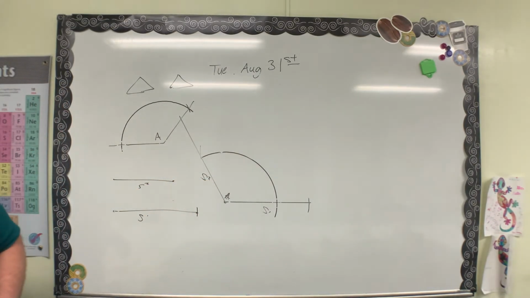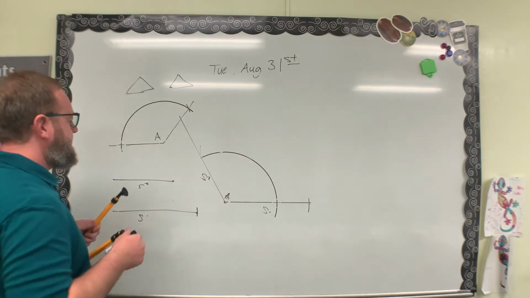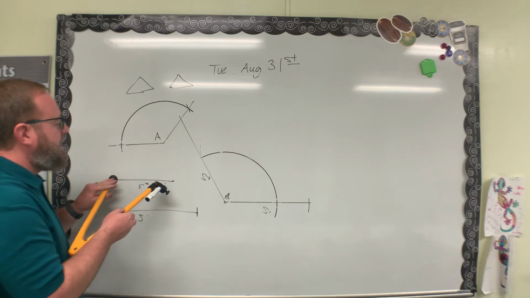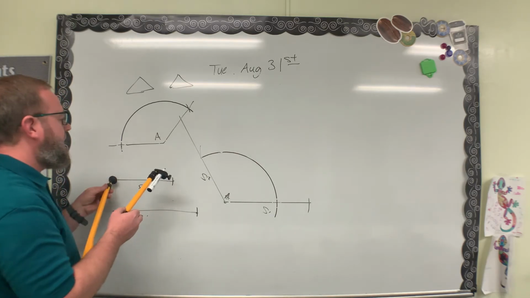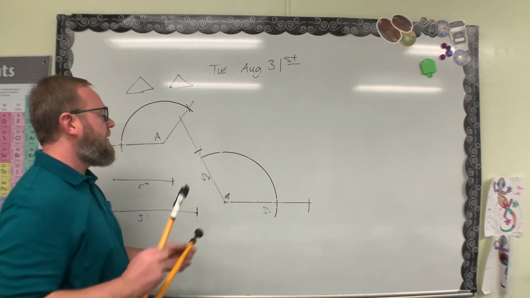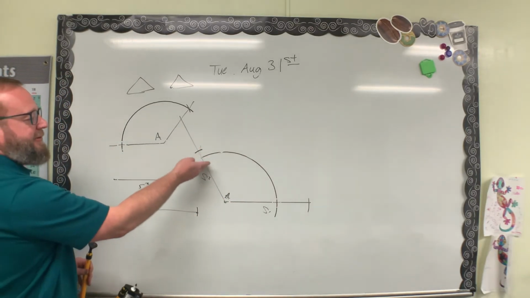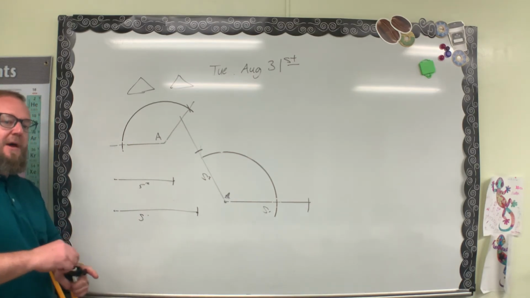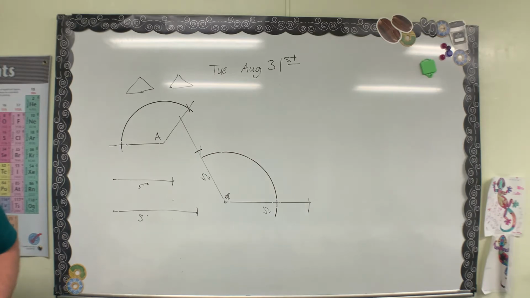No, certainly not. Pick up this compass, put my pointy end here, come out here, make that mark. And then come here and make a mark. It just so happens we were close, so if we were just looking at it, we could have said, oh yeah, that seems about right. But it's not.